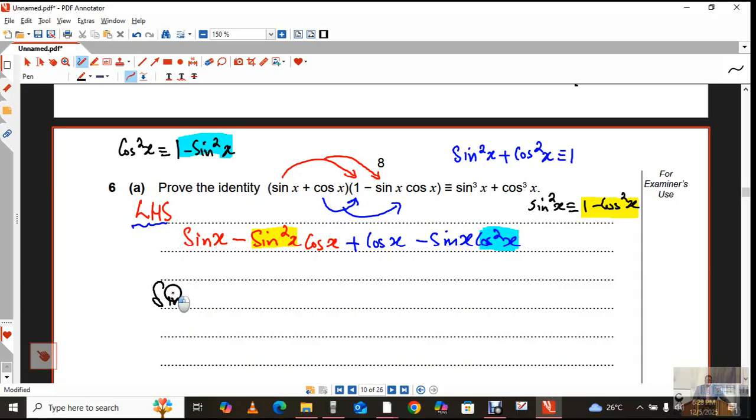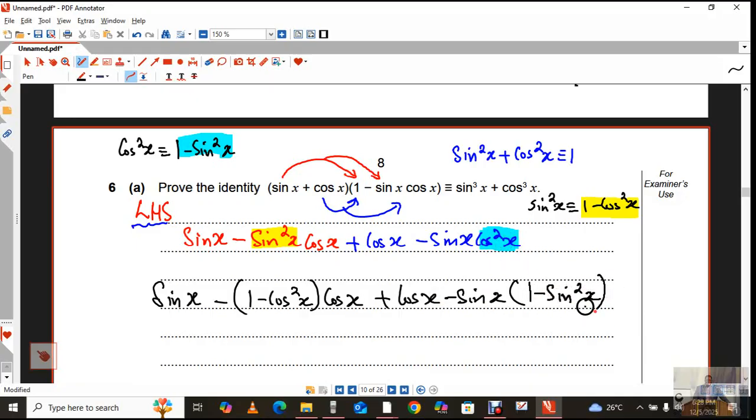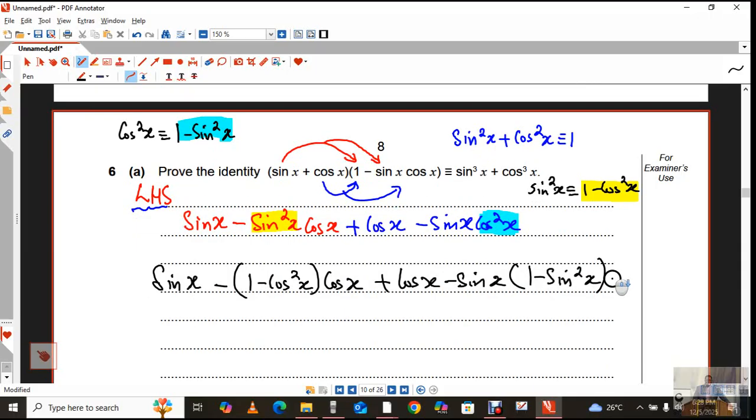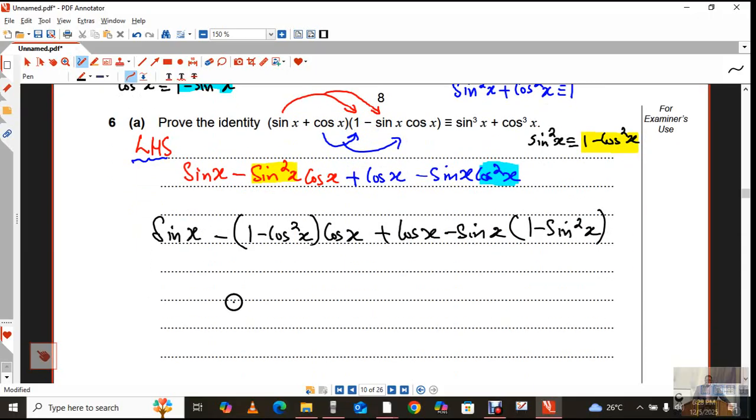I have sin x minus (1 minus cos square x) times cos x, plus cos x minus sin x, and I'm going to replace cos square x by 1 minus sin square x.